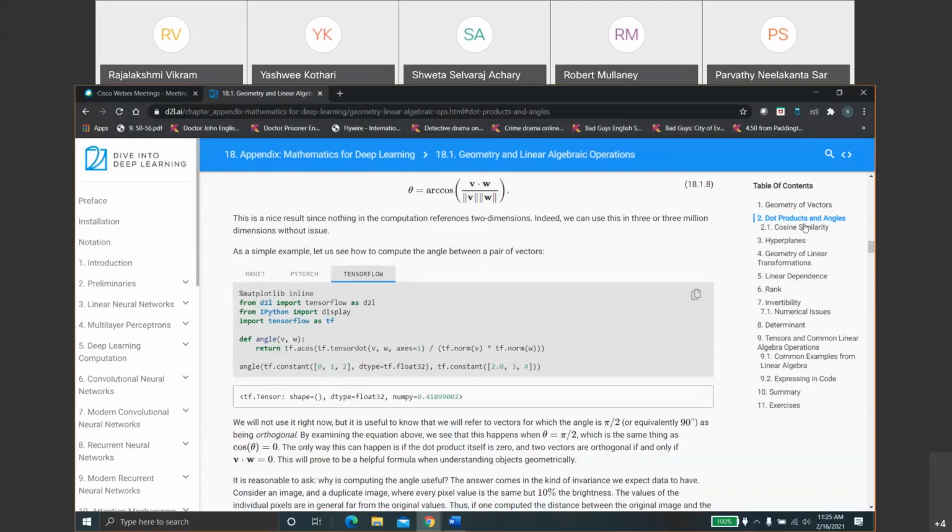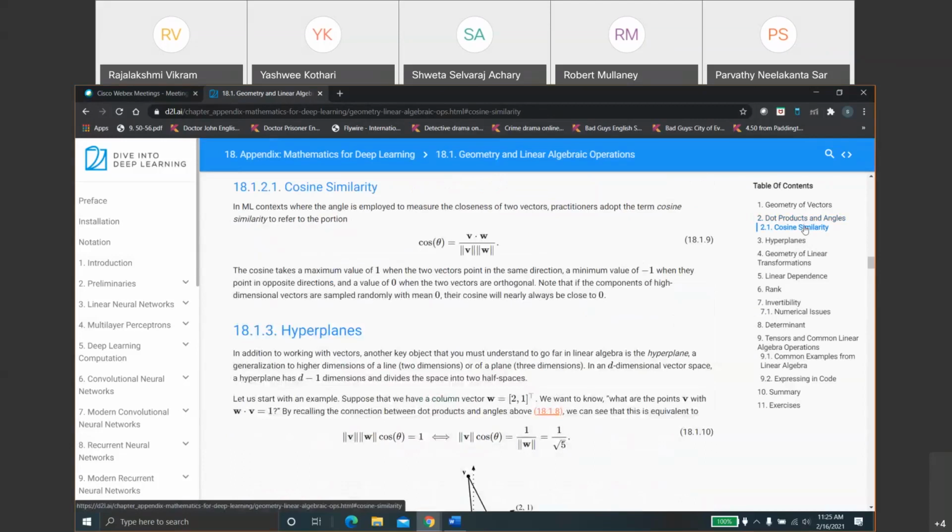What is cosine similarity? Cosine similarity basically tells you the direction of two vectors, how similar they are. In the above equation, if we keep cos theta on one side, then cosine similarity is v dot w upon norm of v into norm of w.